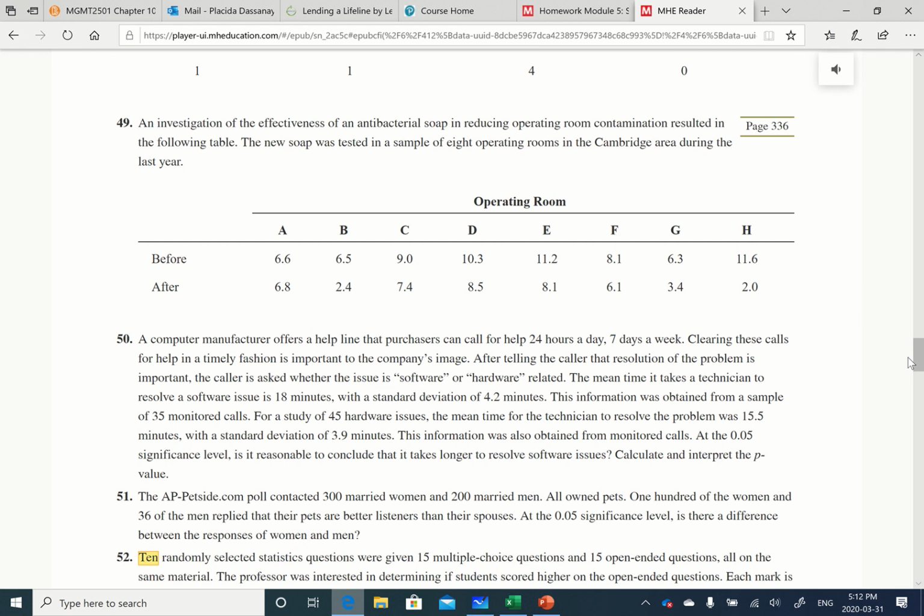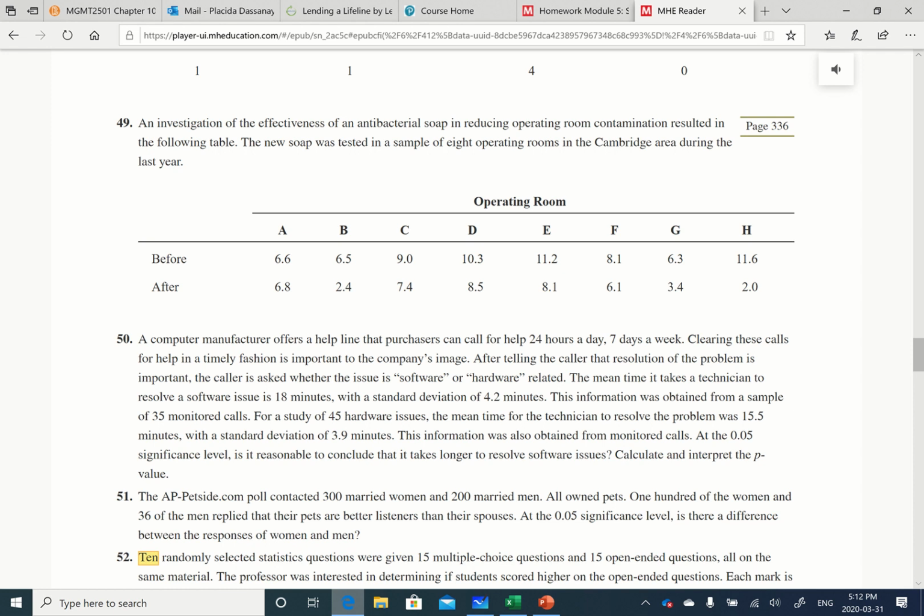So page number 336, look at this table. An investigation of the effectiveness of an antibacterial soap in reducing operating room contamination resulted in the following table. The new soap was tested in a sample of 8 operating rooms in the Cambridge area during last year.